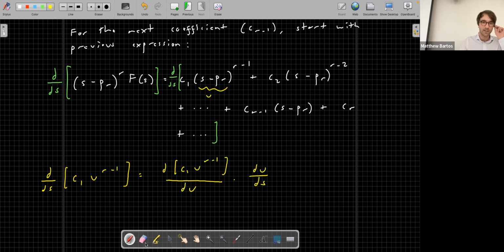Sorry, this here is not correct. This should be C1 of (s minus pR) to the (R minus 1), where this here is u. And if we do this, what we will end up with is this becomes C1 (R minus 1) u to the (R minus 2) times 1 minus 0.